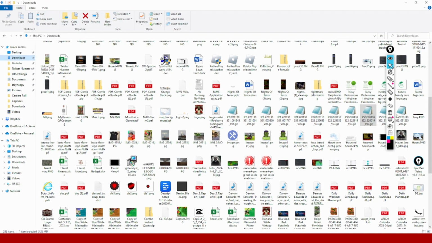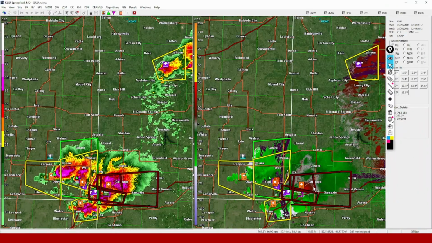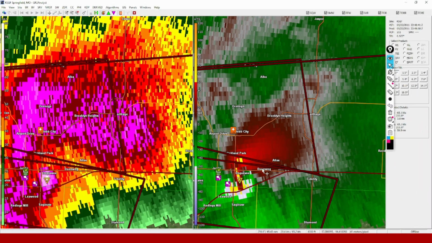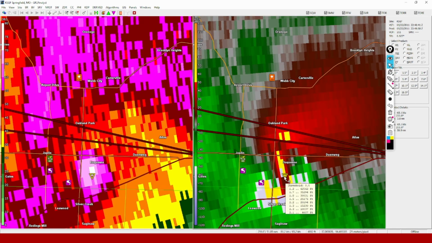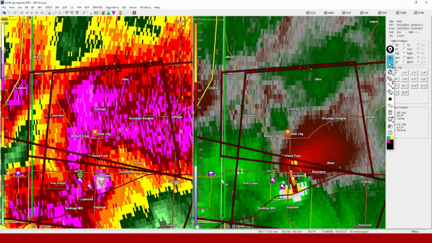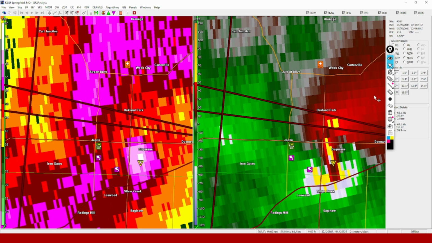Let me take a look. Okay, so this was literally right after it moved out of Joplin. Sometimes on base reflectivity, if it's a big enough storm, you can see what we call a debris ball, which we usually look at on correlation coefficient, but sometimes you can see it on base reflectivity, which is a little bit of what you can see here.